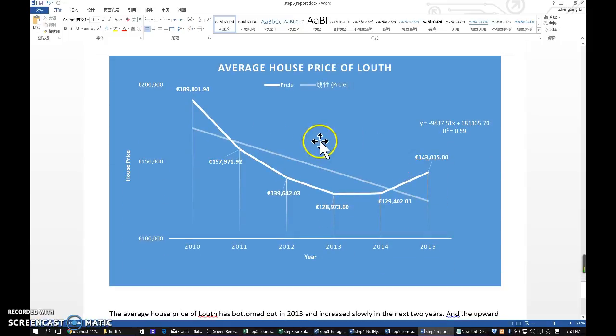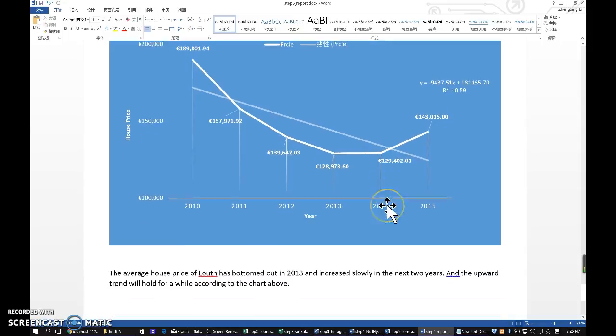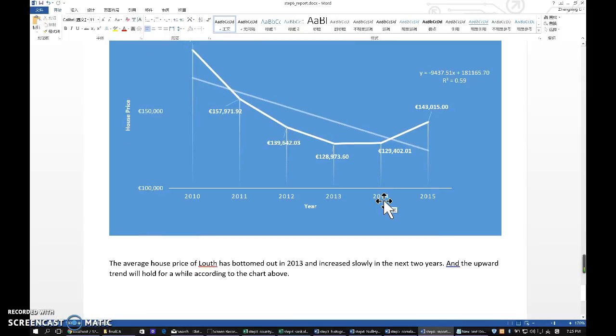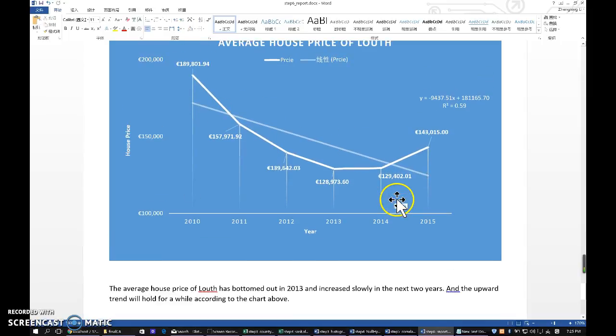As this chart shows, the house price in County Louth bottomed out in 2013, and in the next 2 years, the house price started to increase slowly, and the upward trend will hold for a while according to the chart, and that's all.